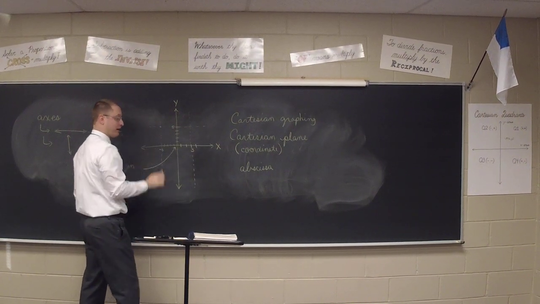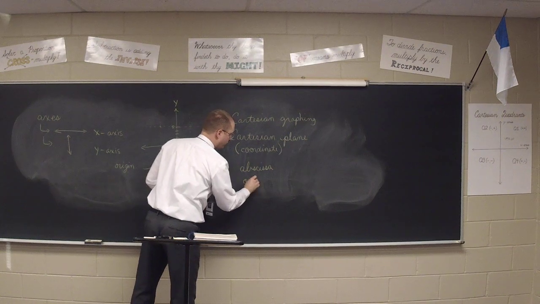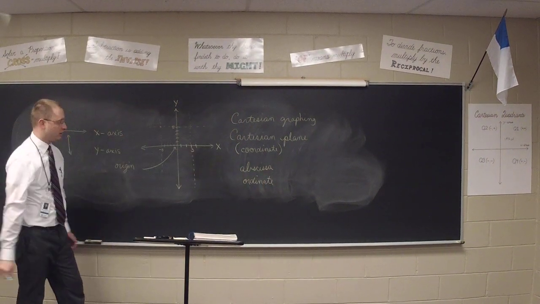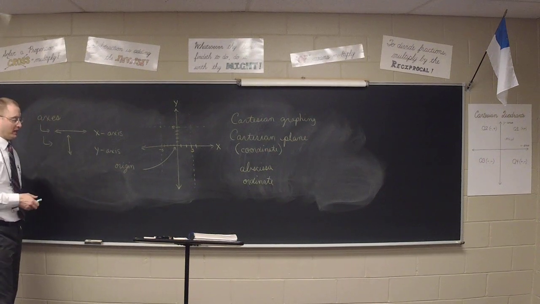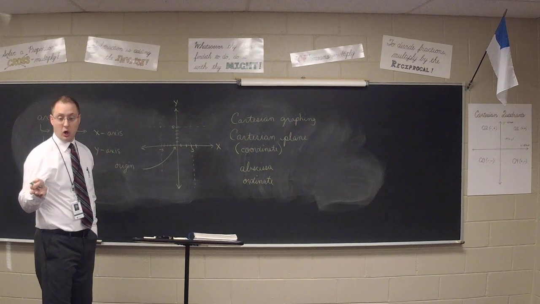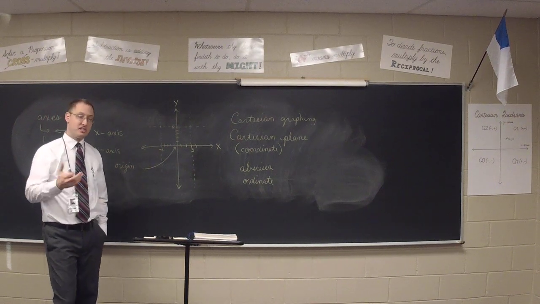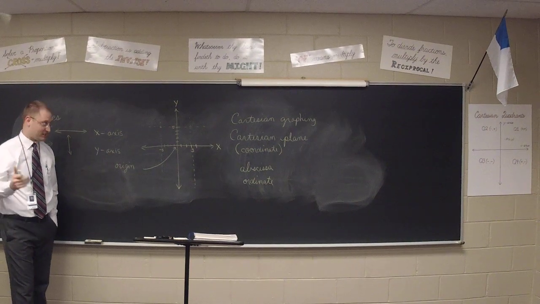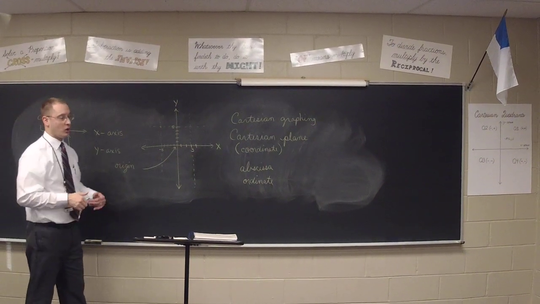Well, the y value is called the ordinate. That's the y value of the point. So the x value, class, is called the abscissa. Class, the x value is called the abscissa, and the y value is called the ordinate.